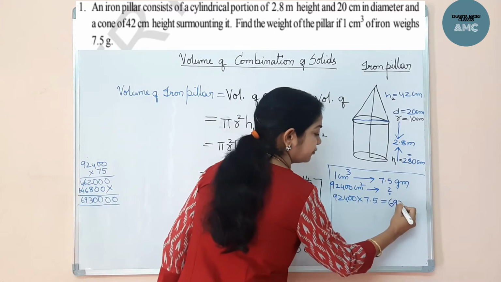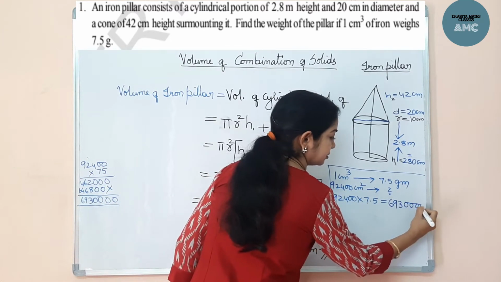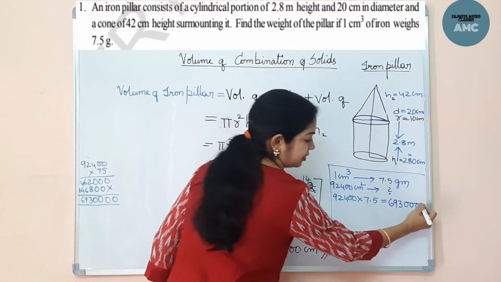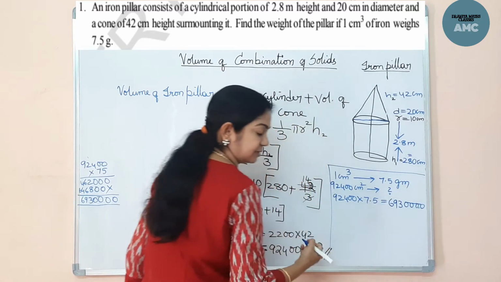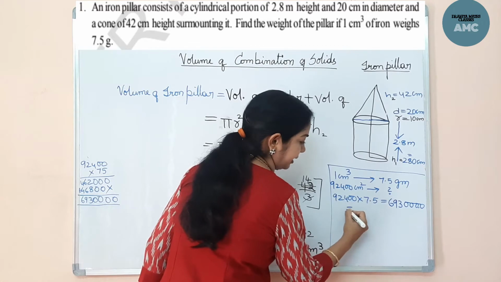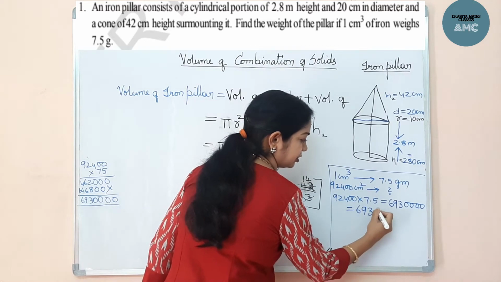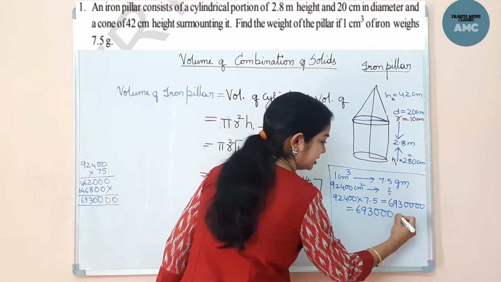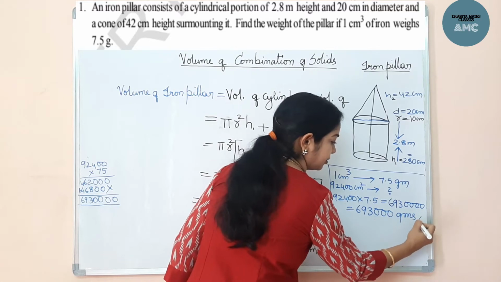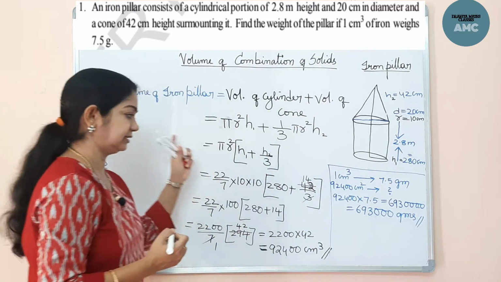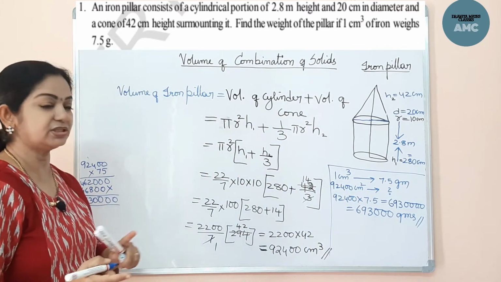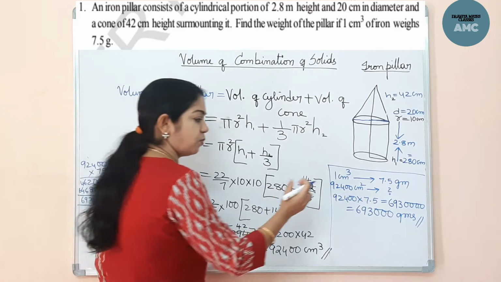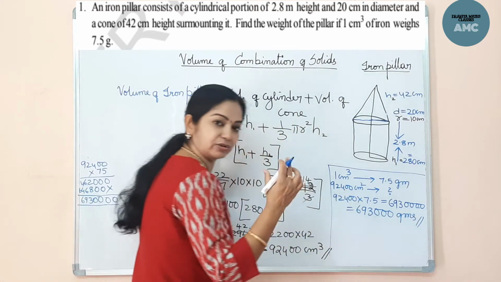693 followed by 4 zeros. Now there is a decimal point, so from below you have to keep a decimal point. After the decimal point you can eliminate the 0, so there are only 3 zeros. These many grams is the weight of the iron pillar, but we will change it into kilograms now. 1 kg is equal to 1000 grams.